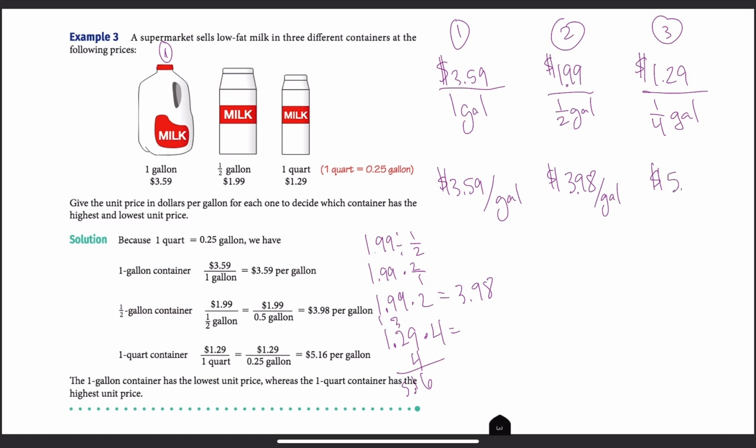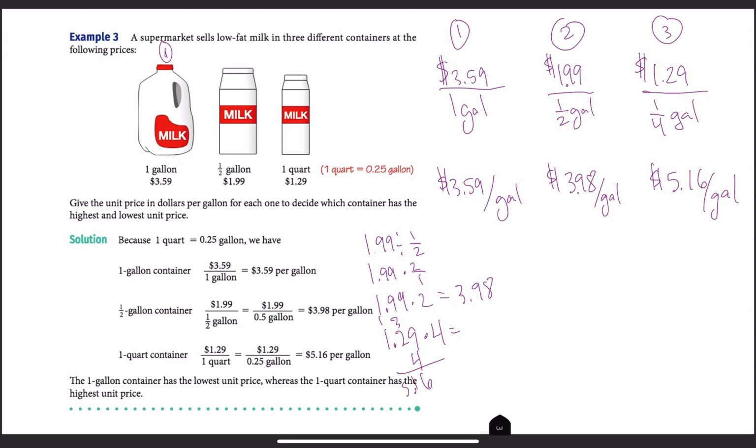So $5.16 per 1 gallon. So you can see here how the best deal is to buy a whole gallon, but not far behind is a half gallon, but quite far off the mark is a quarter gallon. So you really pay the price for asking them to package it in a smaller container.